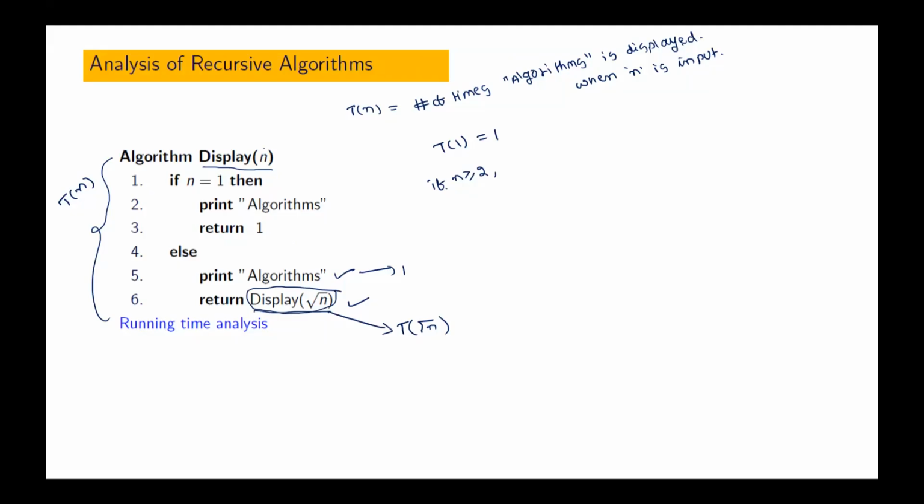In all the recursive algorithms that we have seen so far, the recurrence relation we are doing like this only, no, sir? Yes, madam. In the recursive call, we are just replacing with T of root n.